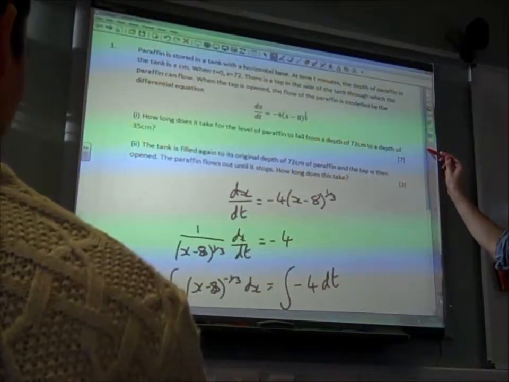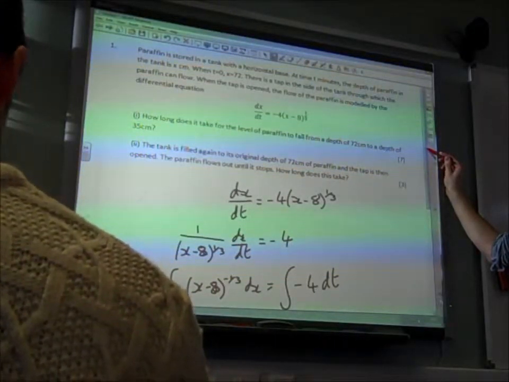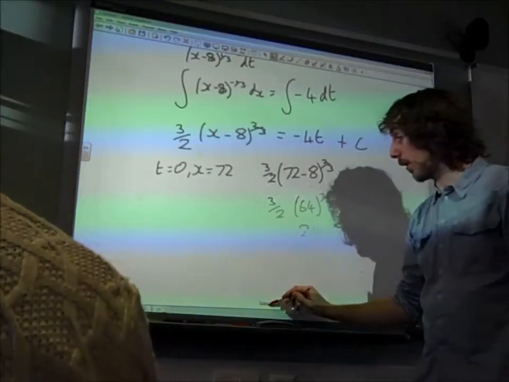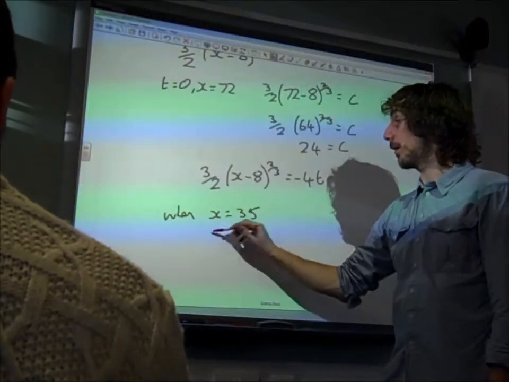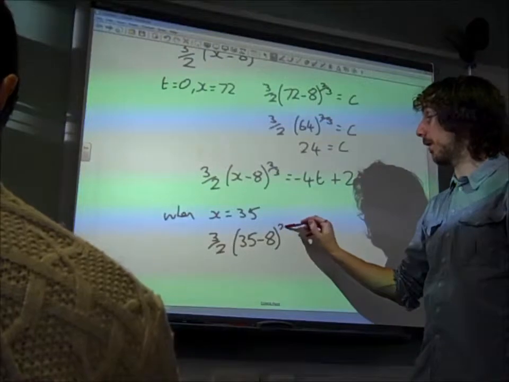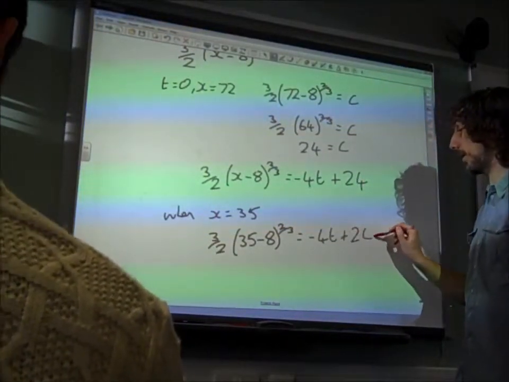We were asked to find out how long it takes for the level to fall from 72 to a depth of 35. So we need to know the value of t when x equals 35. So 3 over 2 (35 minus 8) to the 2/3 is minus 4t plus 24.